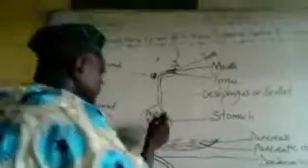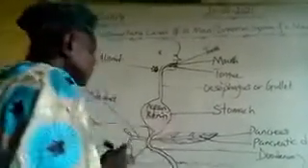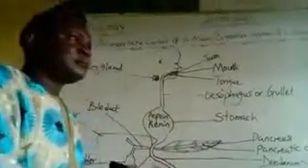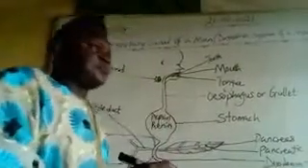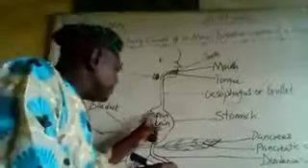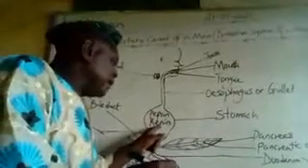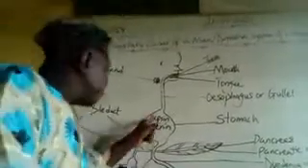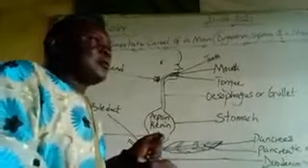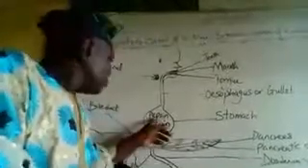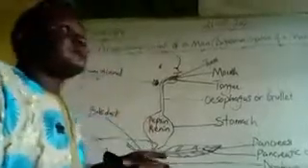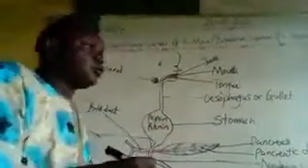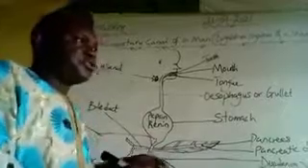In the stomach, the gastric gland secretes enzymes like pepsin and renin. Pepsin converts protein to peptones.